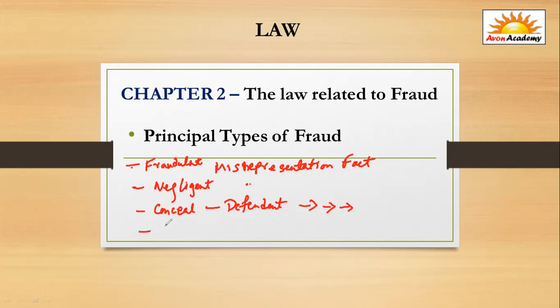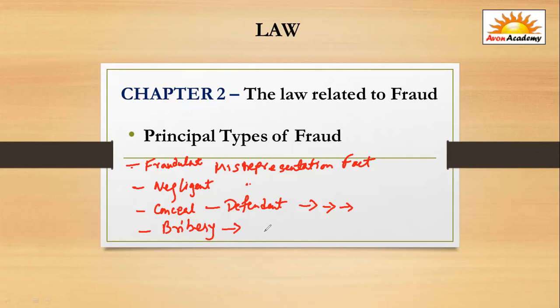And then another type of fraud is bribery. We will definitely be seeing it in the schemes and other areas as well, in the other sections of the CFE exam. But here we are talking about bribery as a way where we are offering or giving something to the officials or to a person, so that it acts as an influence to make decisions.